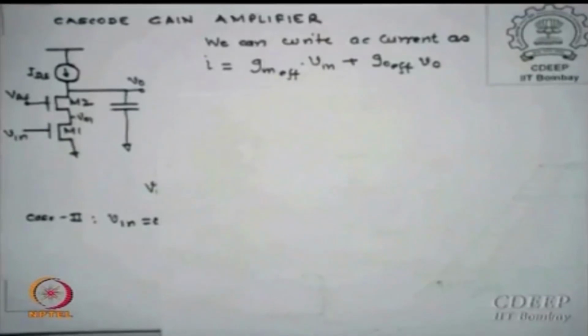So we can write that the AC current through this equivalent amplifier stage will be I is equal to GM effective times Vn plus GO effective times V0, where I is the current through the amplifier. We are already done with the common source normal, so this is the extension of that.